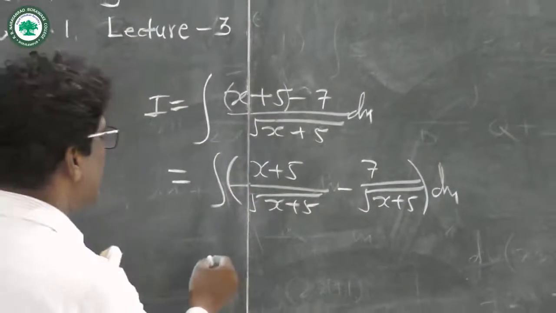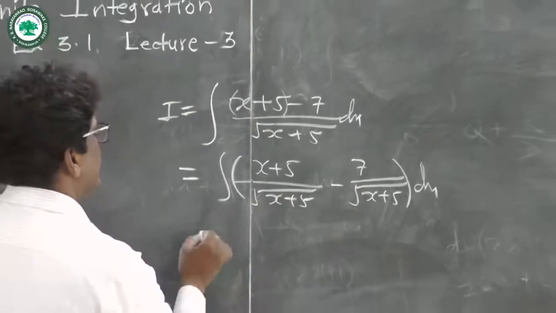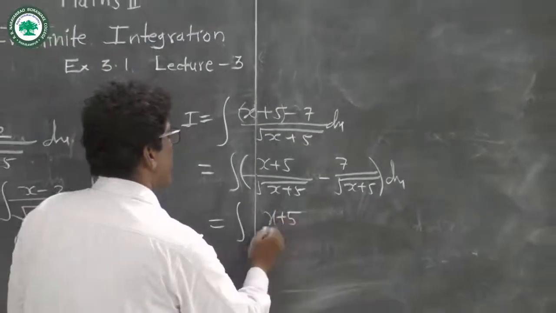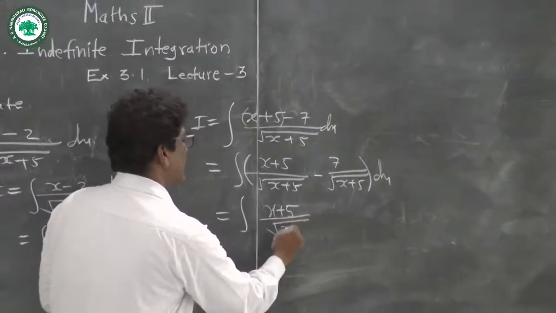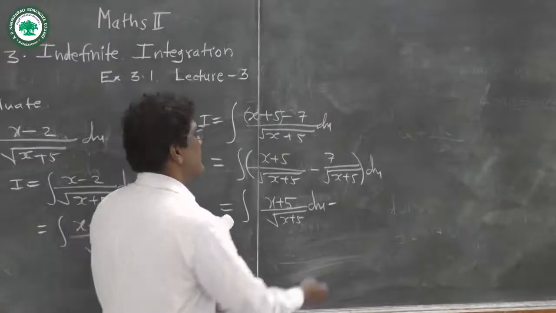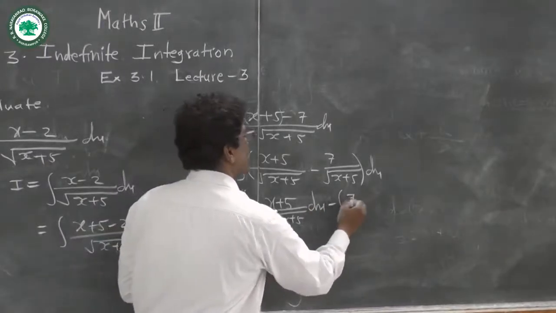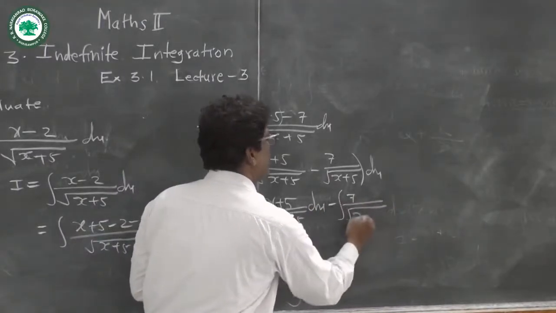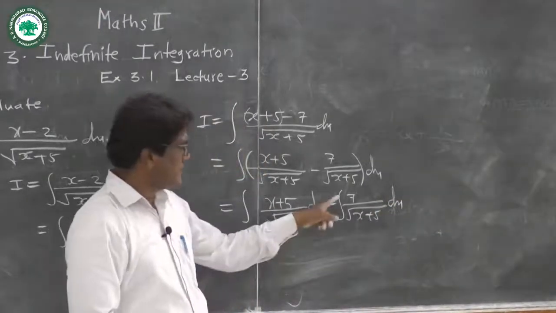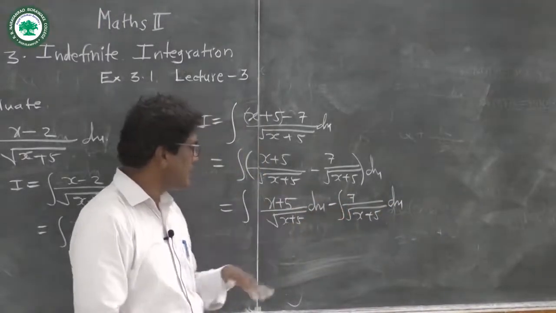Now here take the separate integration. So integration of x plus 5 upon root of x plus 5 dx minus integration of 7 upon root of x plus 5 dx. Now here 7 is constant, take it outside of the integral.